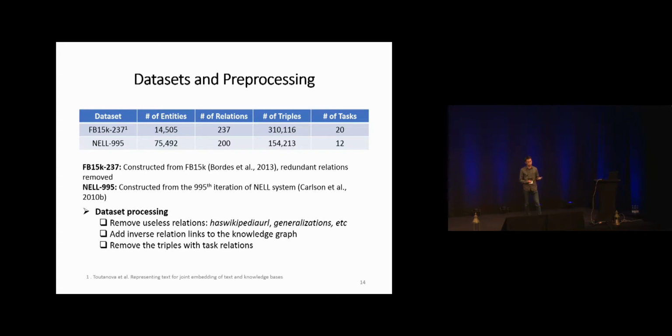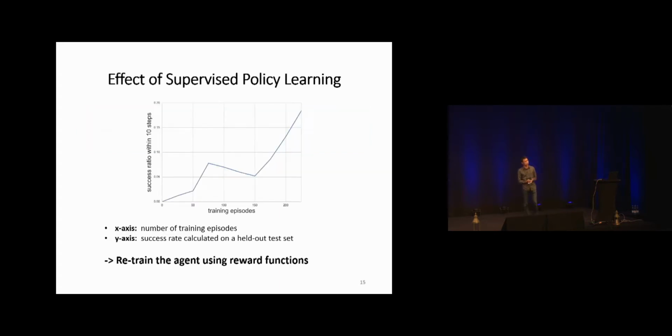To show you how the supervised pre-training works, we test the pre-trained agent using a held-out test set. As you can see from these figures, as we increase the training episodes or training time of the supervised policy learning, the agent quickly learns how to find a path that leads to the target entity, even though the agent has never seen this entity pair before.